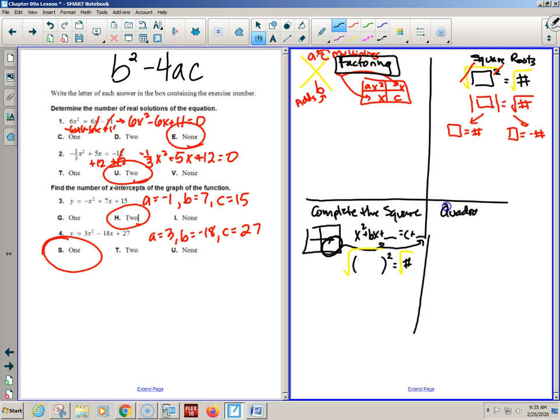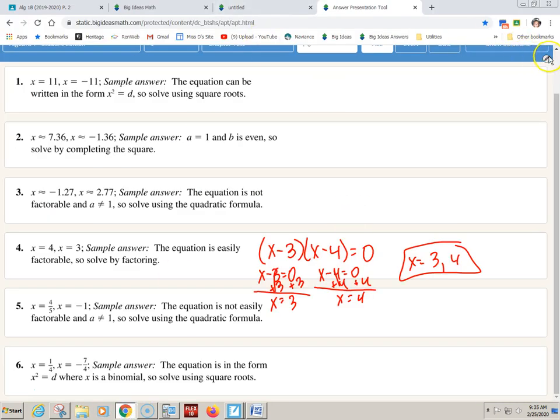The actual formula: x equals negative b plus or minus square root of b squared minus 4ac, the discriminant, all over 2a. So I would fill that in your box for the quadratic formula. Let me freeze the screen as I go get number 6 for us to peek at to finish off our homework questions. And then we'll go see how you guys are doing on the worksheet.